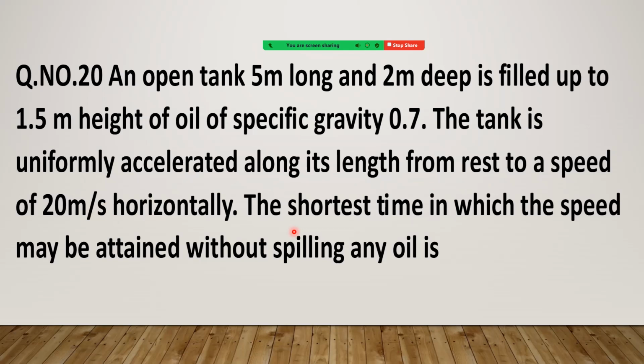The shortest time in which the speed may be attained without spilling any oil is. So the condition is here, shortest time without spilling any oil. Okay, let us see how to start.